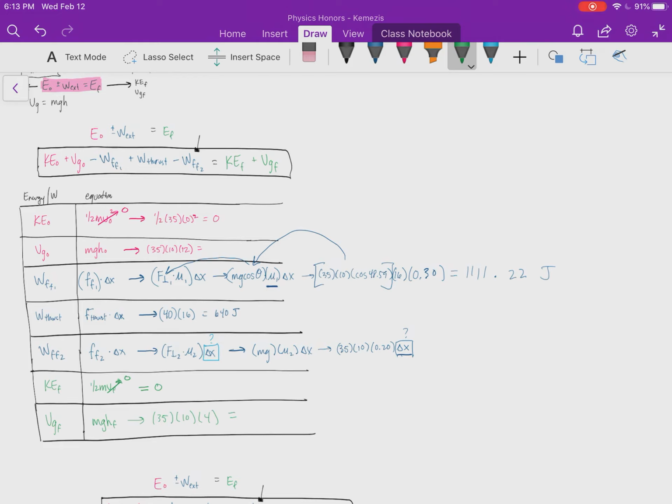So now I get some potential energy at the end, and it doesn't change anything else about our calculations, just that we start with a different potential energy and we end with some potential energy. So I'm just going to calculate 35, 10, 4 is 1400 joules, and then 35, 10, 12 is 4200.